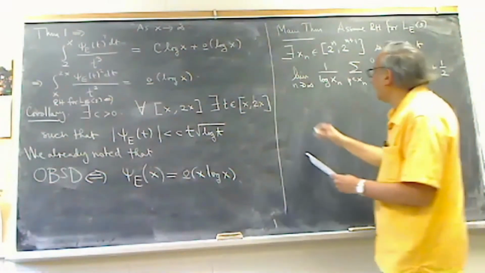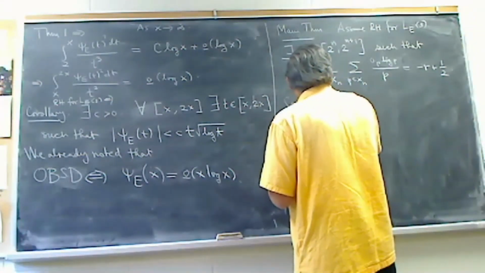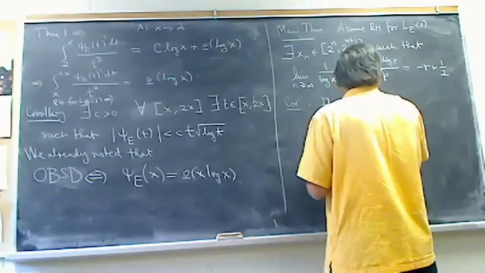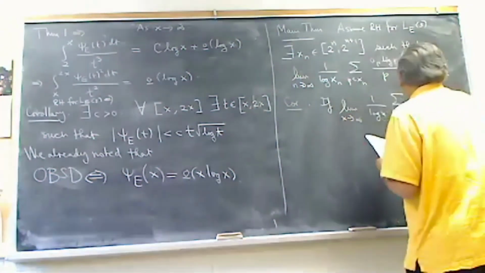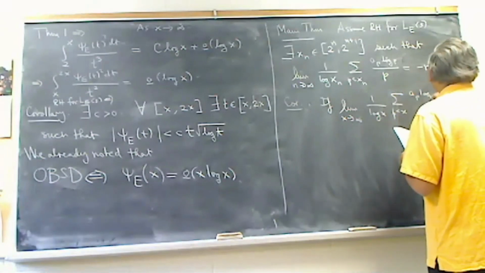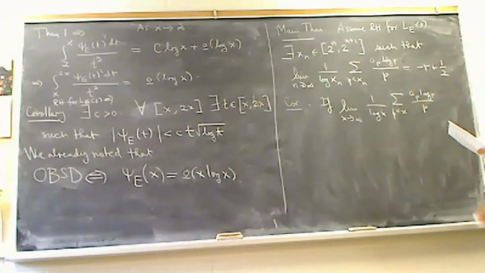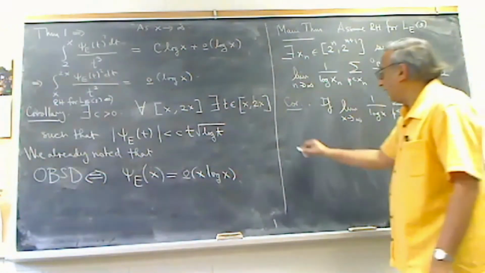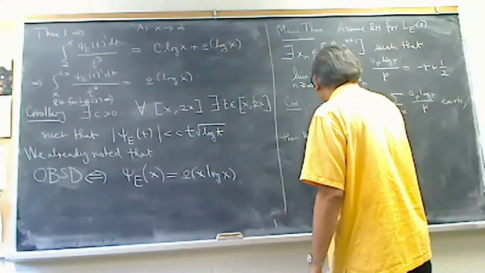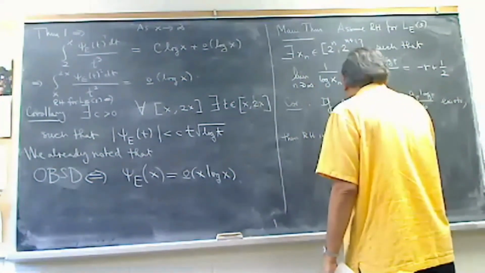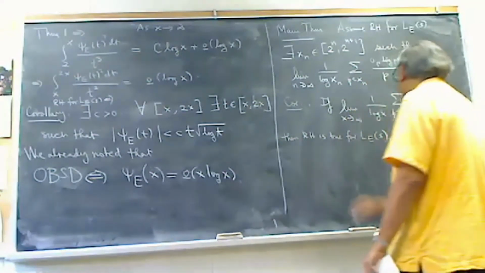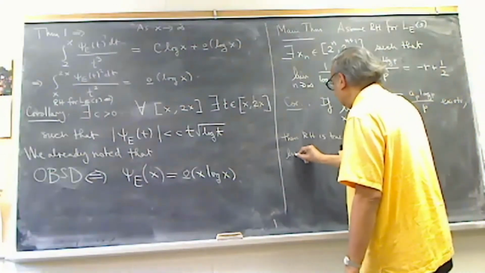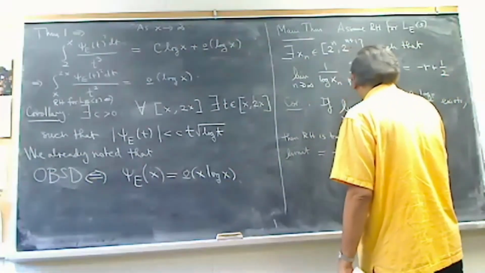And therefore the corollary would be: if the limit as x goes to infinity of 1 over log x, sum over p less than x of a_p log p over p exists, then RH is true for L_E, and the limit equals minus r plus a half.